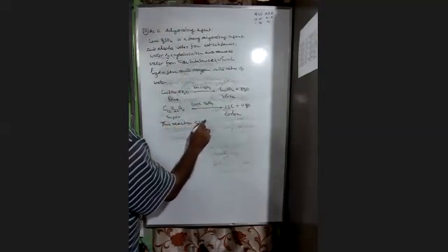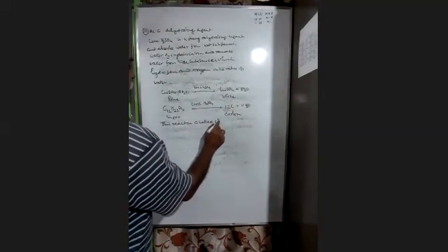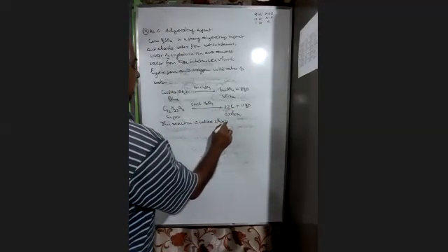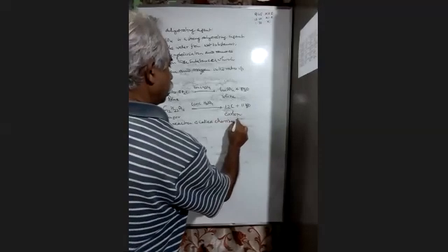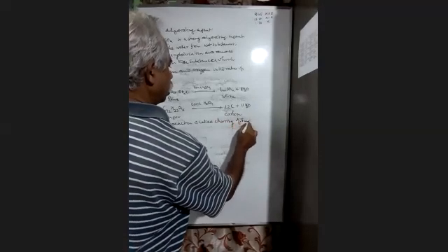This is called carbon. So, a colorless substance has become black as if it has got burned. So, what can we call it? This reaction is called charring of sugar.